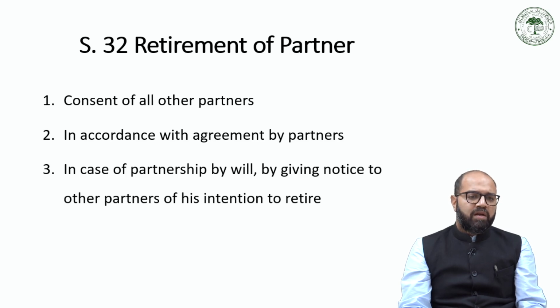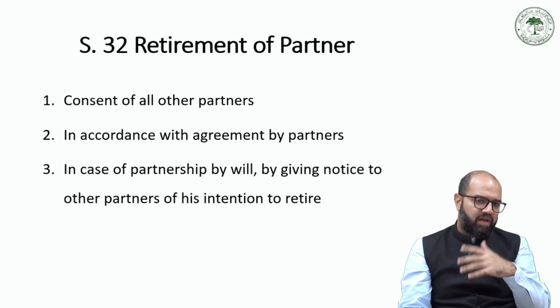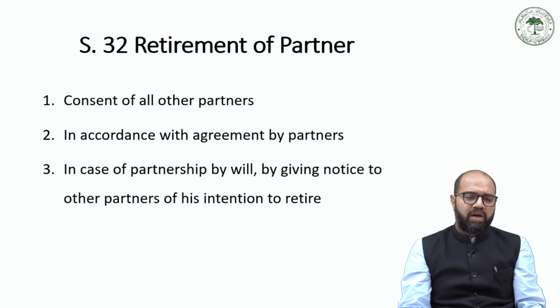So again, the first mode is about the rule of unanimity. The second rule is one which may vary the unanimity through an agreement between the partners. So partners may decide, for example, that instead of the rule of unanimity, there will be the rule of majority which shall apply.